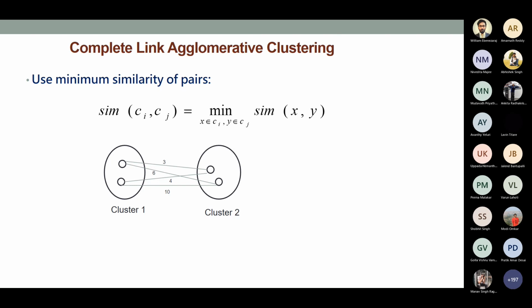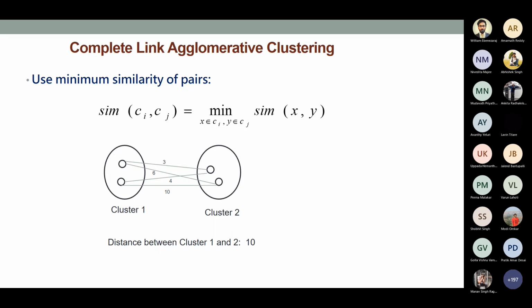Now, if you look at this particular example, again, the numbers are showing the distance between different points, and I have two clusters, two groups, and so on. In this case, the distance between cluster 1 and cluster 2 would be 10. Now, you recall that if I had used single linkage clustering technique, I would have gotten 3 as the distance between cluster 1 and cluster 2.